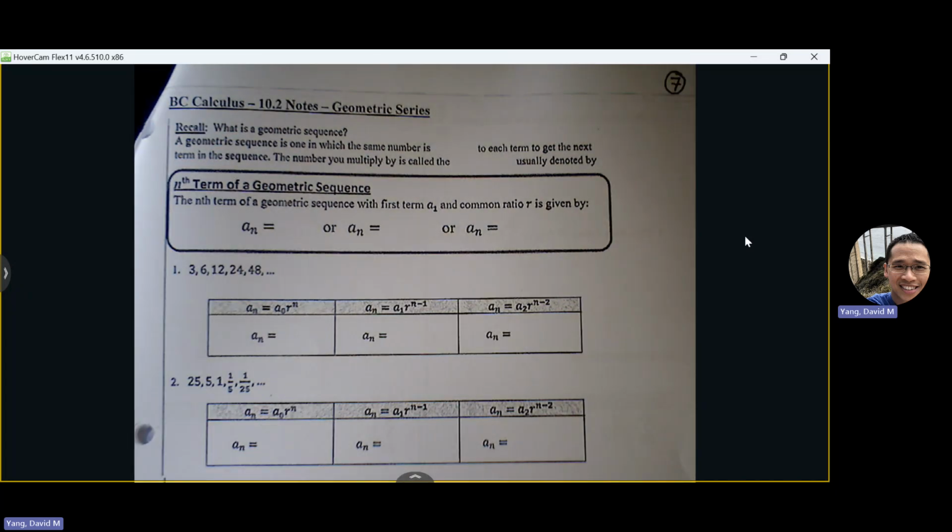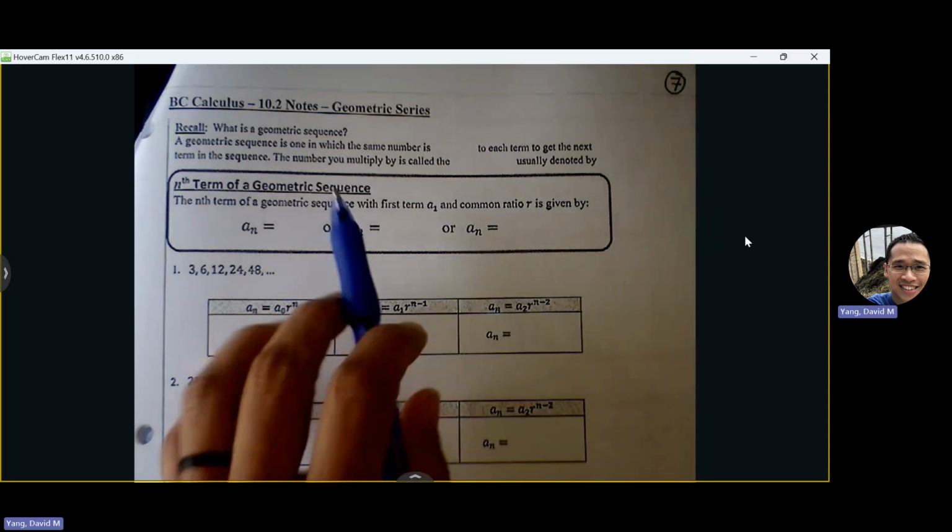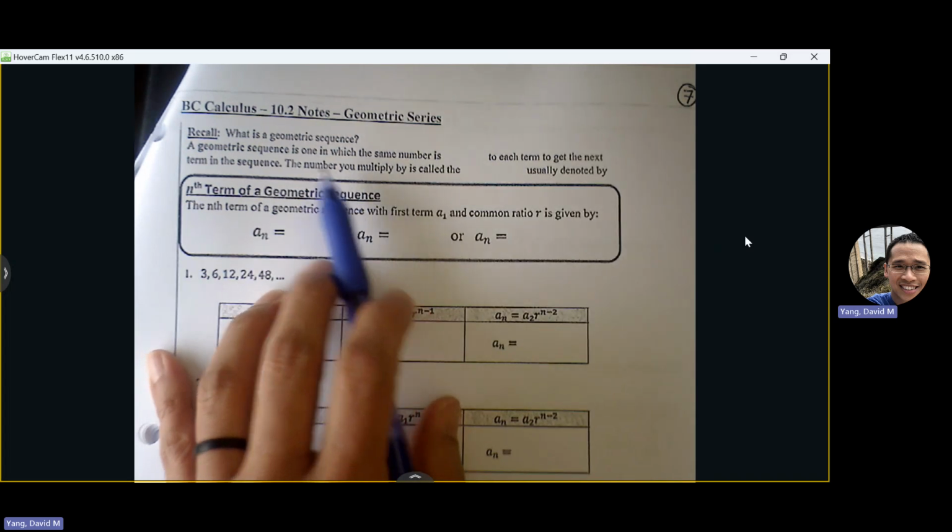All right, let's talk about geometric sequence and series, guys. Okay, so what is a geometric sequence? We're on page 7.